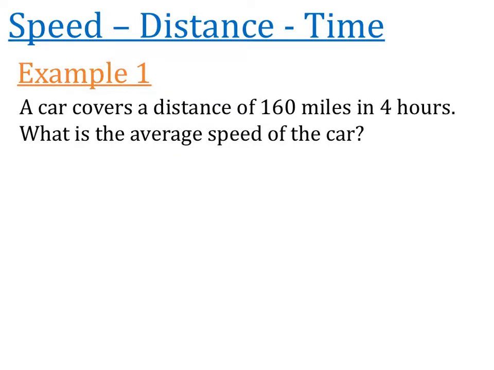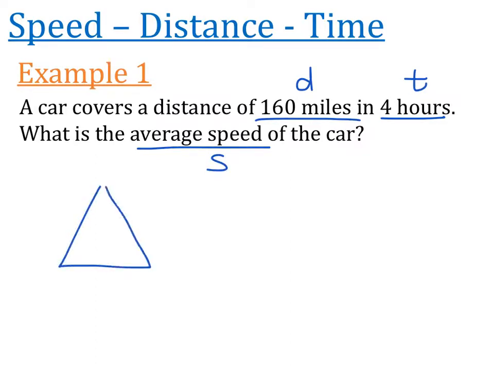Now I'm going to go back and underline some things that are important. A car covers a distance of 160 miles. So that is our measurement for distance. In 4 hours, that is time. What is the average speed? That is the speed they want us to find. So if I draw out my triangle, speed is distance over time. I want to find speed, so that's going to be distance divided by time.